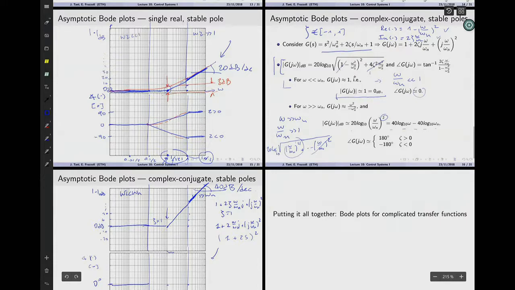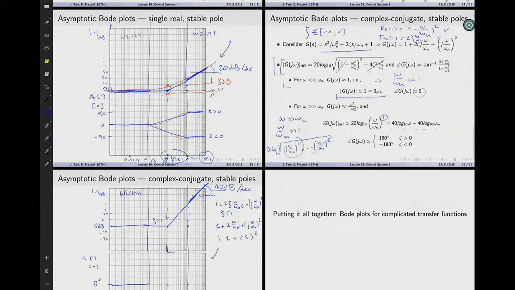So omega over omega n is equal to 1. 1 minus 1 is 0. What's the logarithm of 0? Logarithm of 0, high school? Minus infinity. So we've got minus infinity down here. So when zeta is equal to 0, you've got an asymptote.